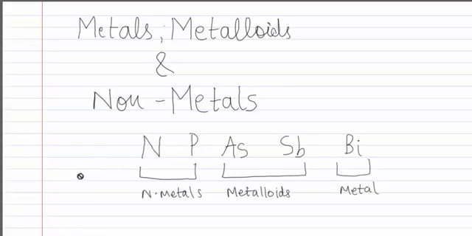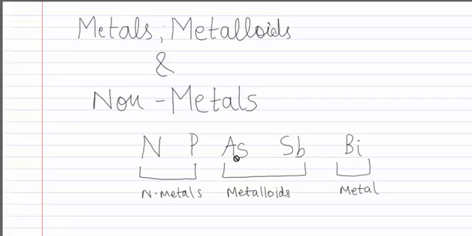This is how I learned it. First of all, you have to remember the order of occurrence of group 15 elements. It's going to be something like nitrogen, phosphorus, arsenic, antimony, and bismuth. And then just take the elements in pairs. In the first pair we have nitrogen and phosphorus. Nitrogen, we know it's a diatomic gas, so it's a non-metal. Same is the case with phosphorus. So the first pair is a non-metallic pair.